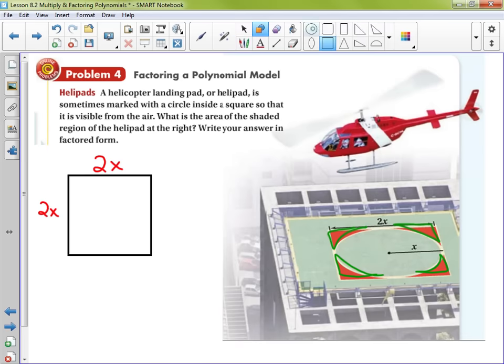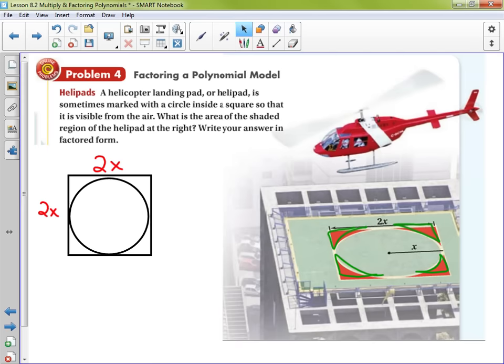And inside the square is a circle. And the circle has a radius of x. So if you know the area of the entire square and you cut out the area of the circle, that will leave you with the area around the circle inside the square.